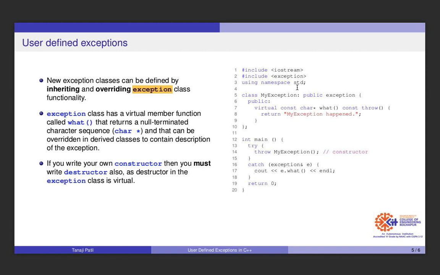One of the most important things is that the exception class has a virtual member function called what that returns a null terminated character sequence, that is nothing but a char star pointer, and that can be overridden in derived classes to contain a description of the exception.